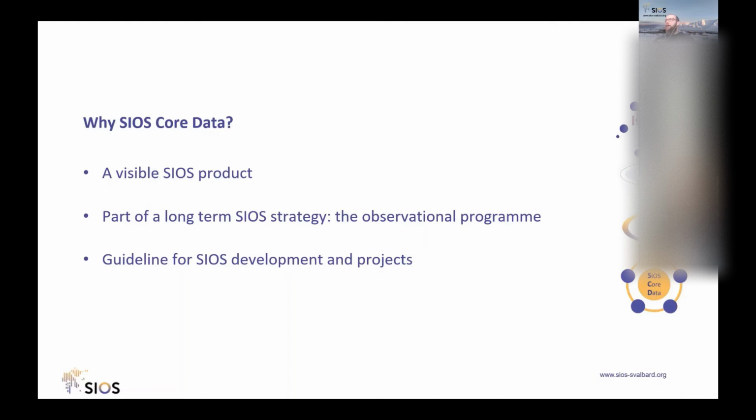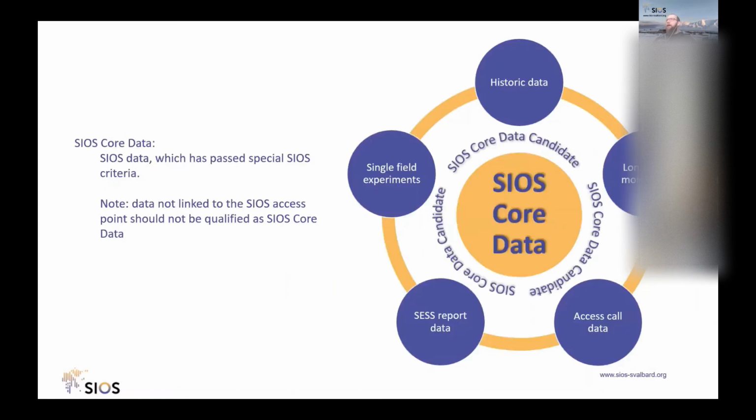So we would like to have a visible product that is relevant for the scientific community and useful for the Calvar activities and for modeling. But what is the difference between the core data and core data candidates? The simplest answer is that the SIOS core data are available online and accessible through our SIOS access portal.